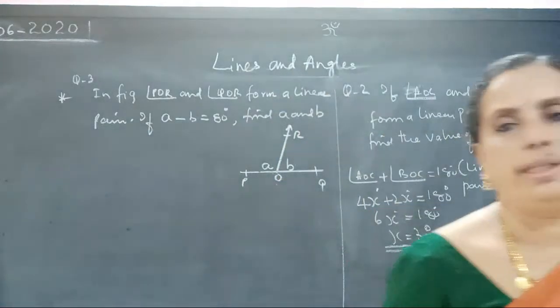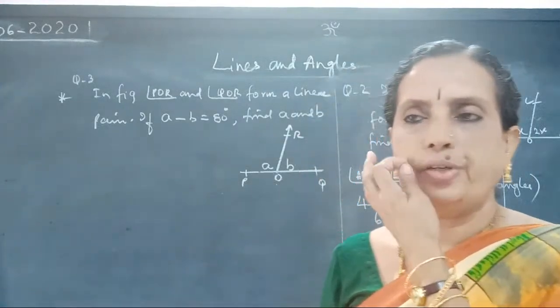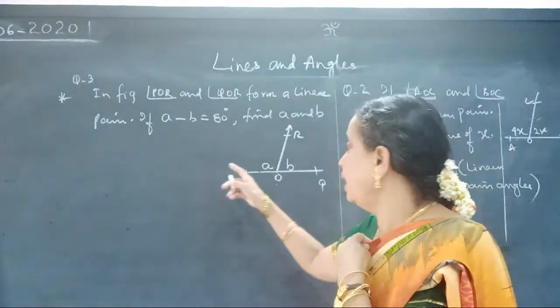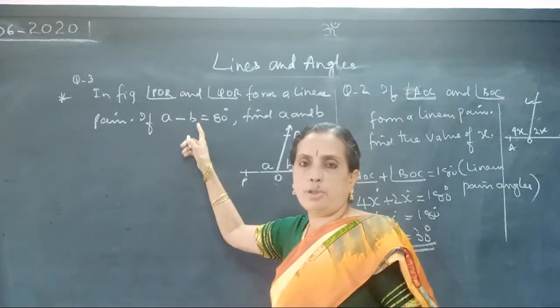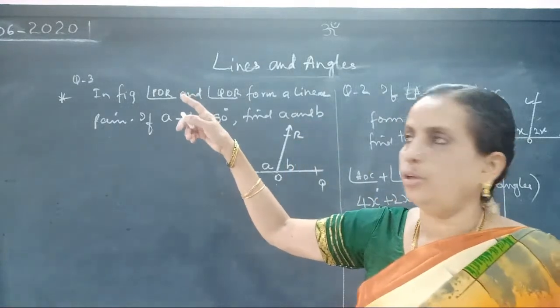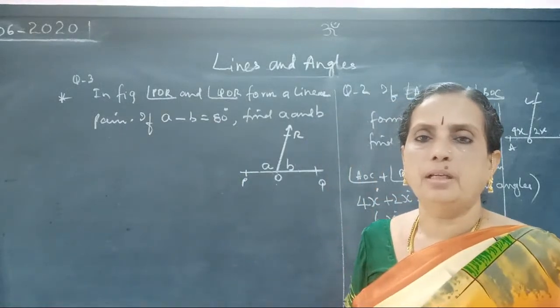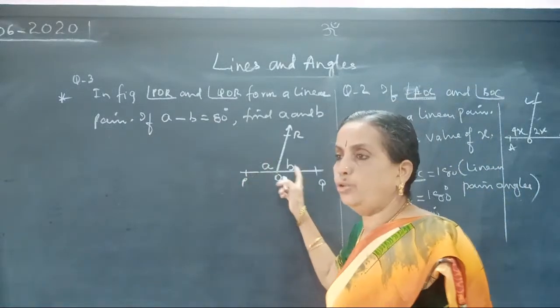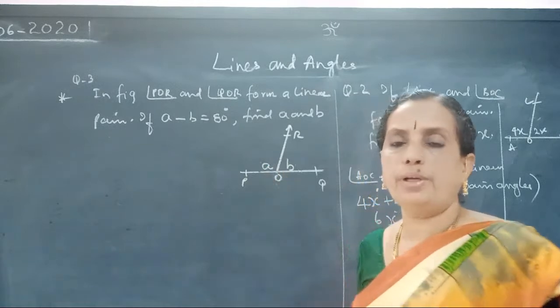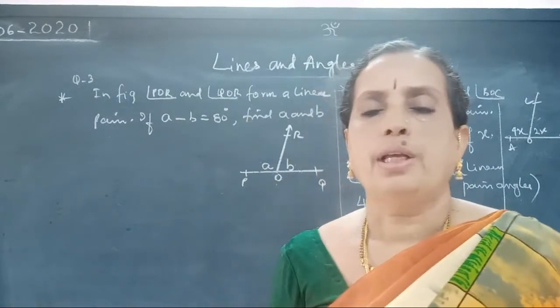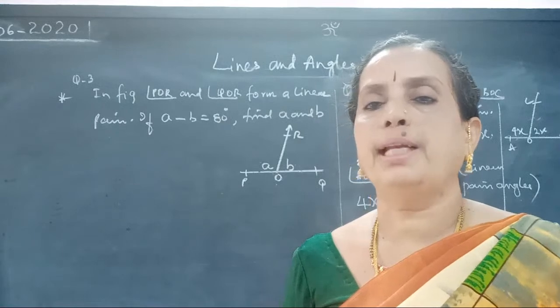Okay, now we'll move on to this question. Okay, thank you very much. Here they have given a minus, don't write anything, just see the board. A minus b equals 80 degree. There is no x value, no value here. So now we should make use of the relation.